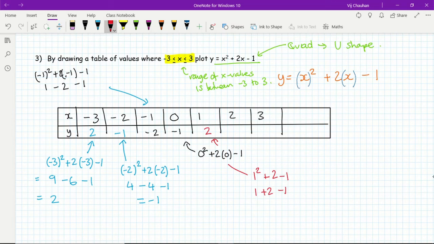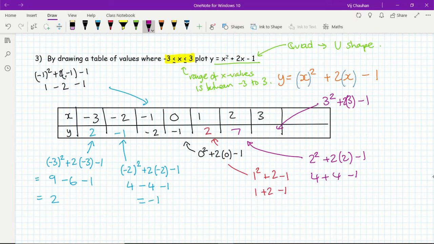And then for this one, let's use a different colour, I've got 2 squared plus 2 times 2, take away 1, so I've got 4 plus 4, take away 1, which is 7. And then finally for the third one, I'm going to have 3 squared plus 2 times 3, take away 1, so we've got 9 plus 6, take away 1, which is 14.